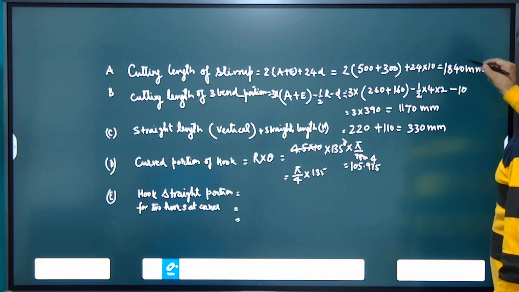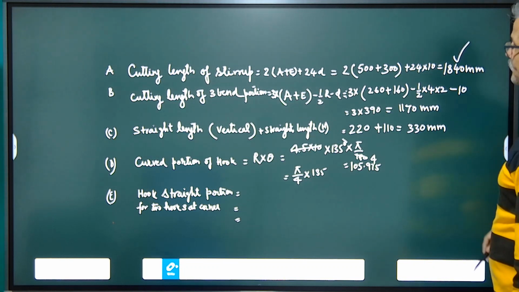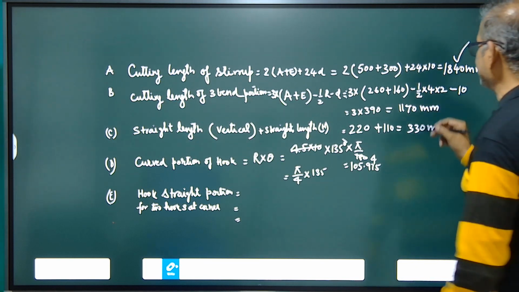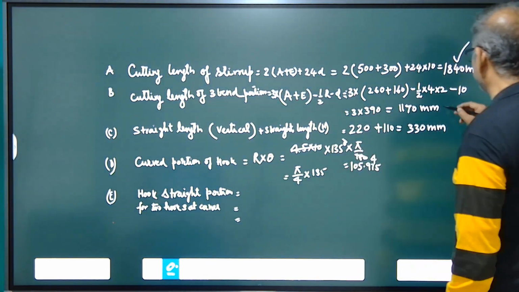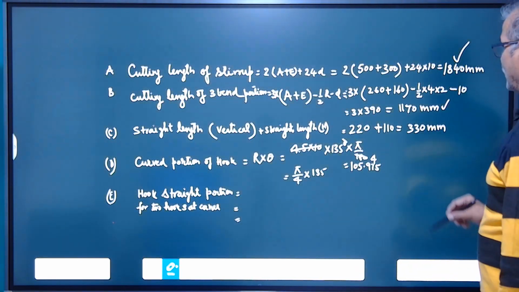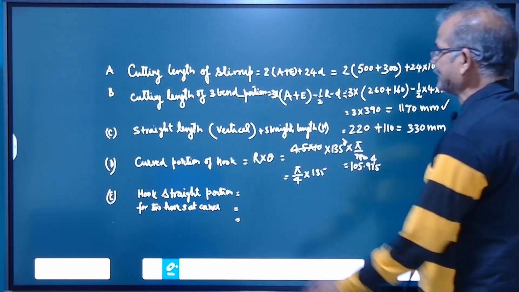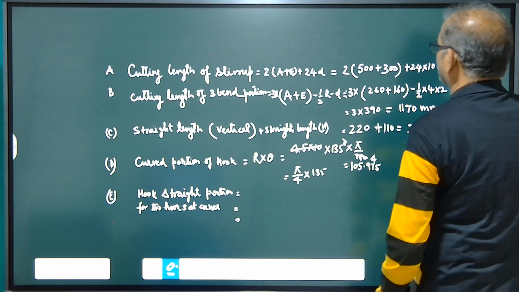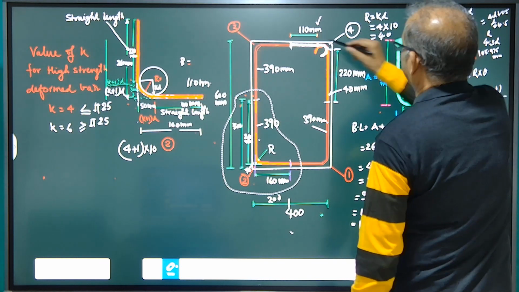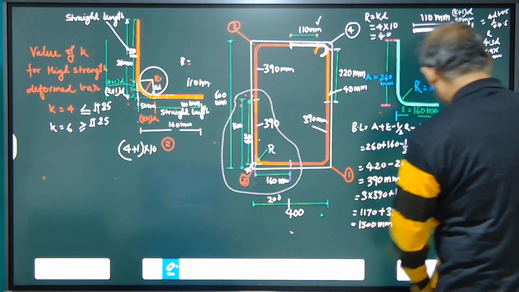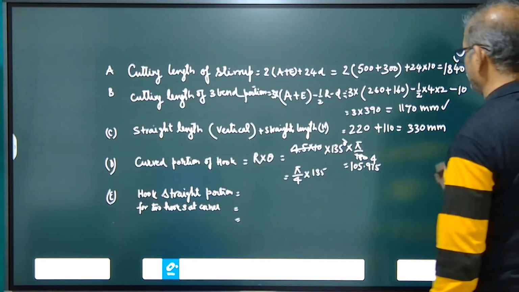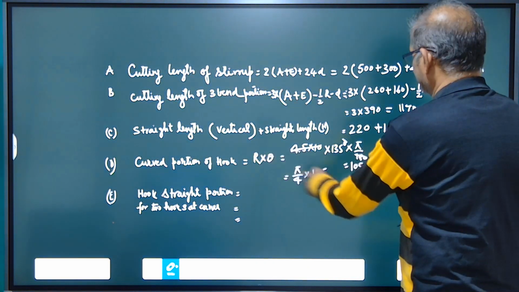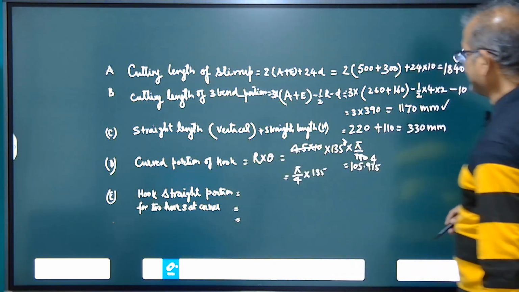The cutting length we already determined is 1840. The cutting length of 3 bends is 390 into 3, so 1170 mm. And we also determined the straight length, vertical and horizontal, 110 and 220 mm, so 330 mm. And the curve portion we found out is 105.975.